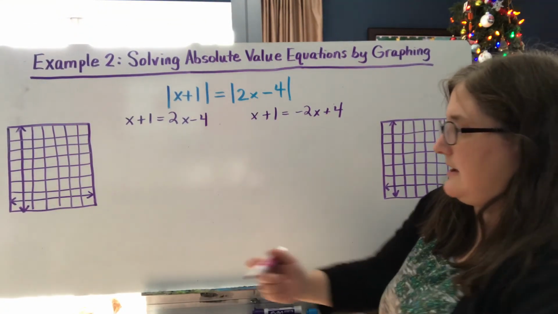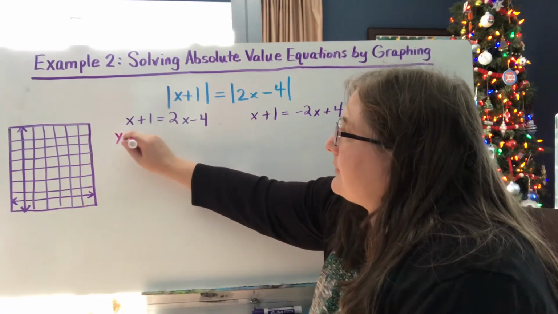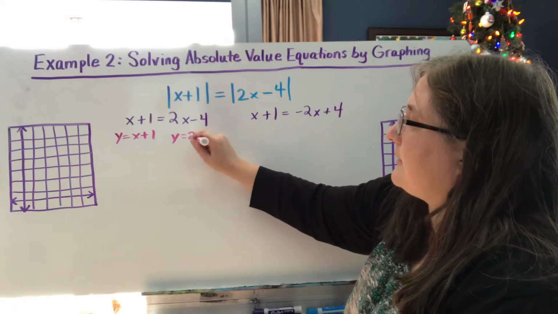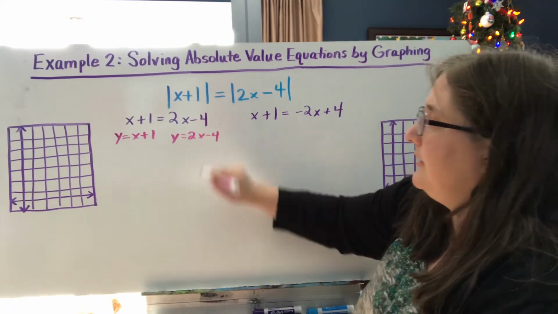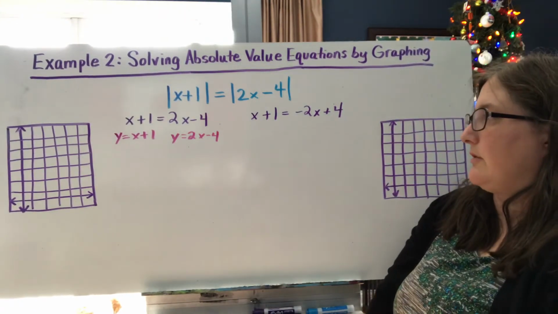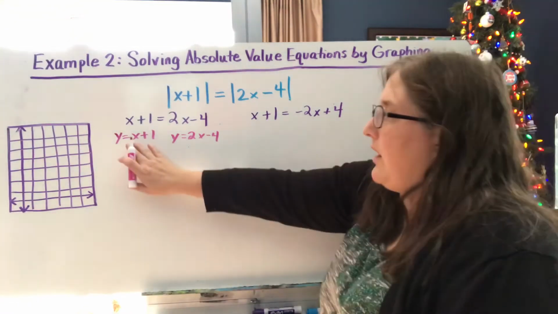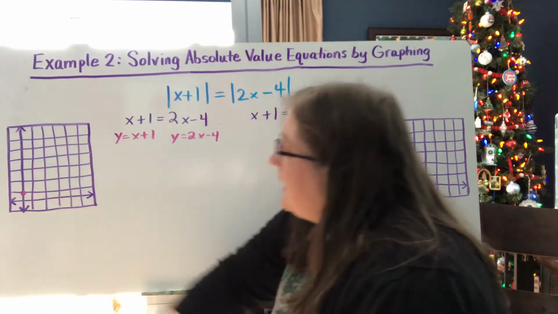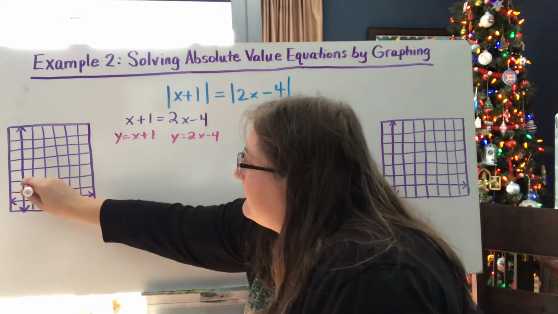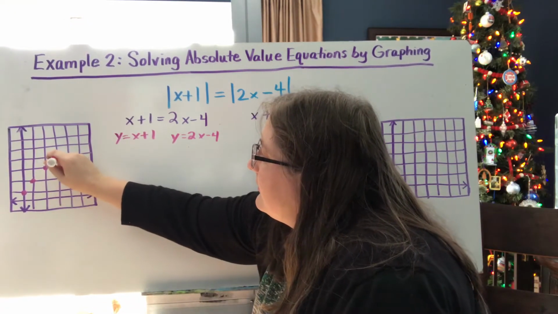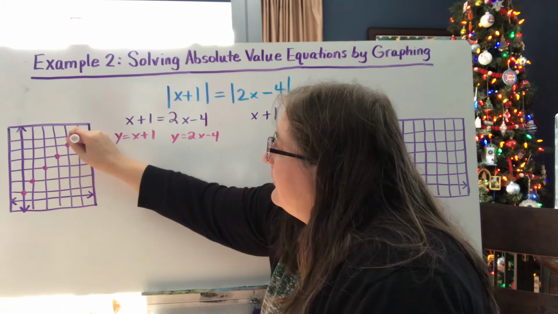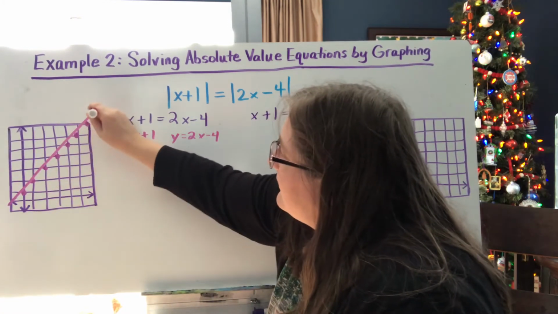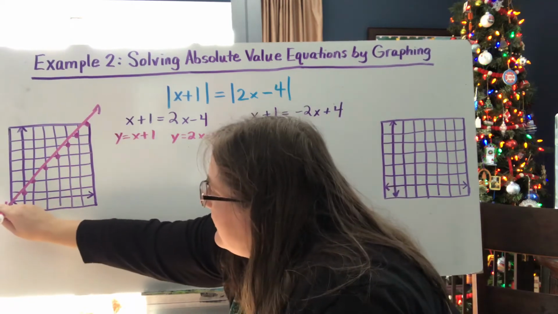So here I can have y equals x plus 1, and I can have y equals 2x minus 4. So I'm going to set these up on my graph. So here I have a y-intercept of 1, and my slope is going up by 1. Oops.